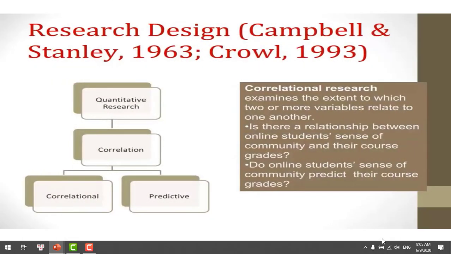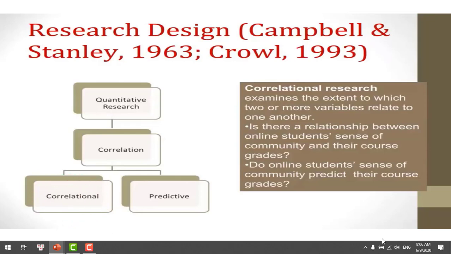Regarding the research design, notice that we have what we call correlational research. In this case, we're going to examine the extent to which two or more variables relate to one another. So in this case, that would be a correlational hypothesis.